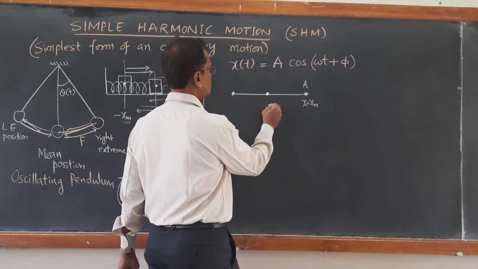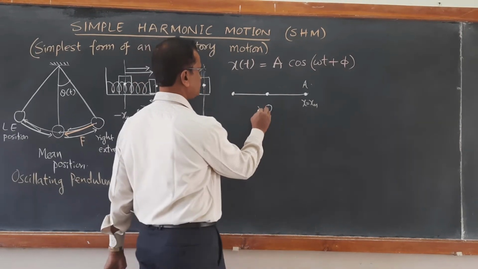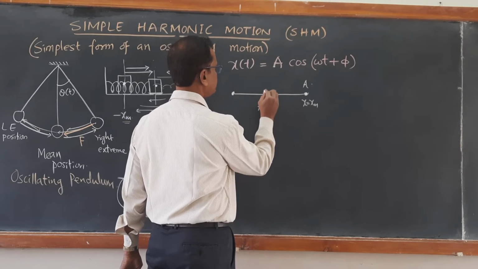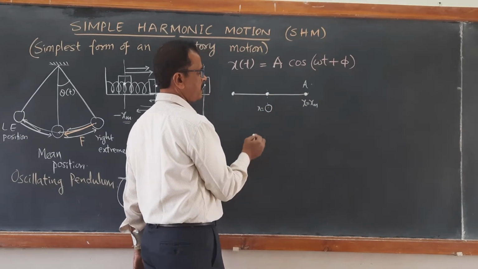From mean position O, x equal to 0. This is mean position O, x equal to 0, and this is extreme position A.